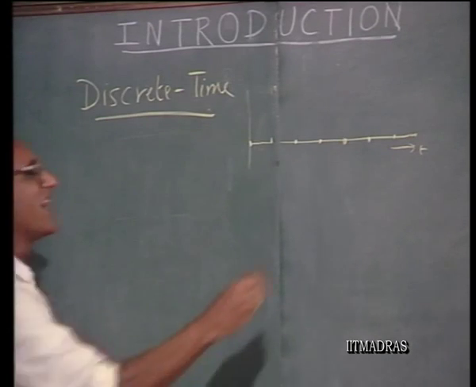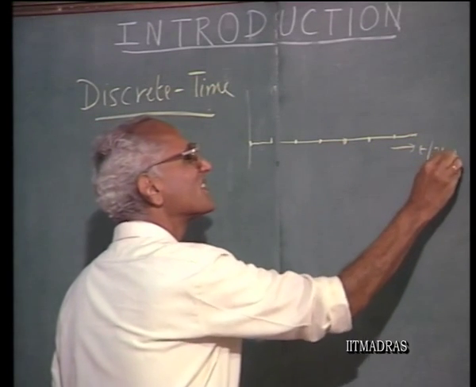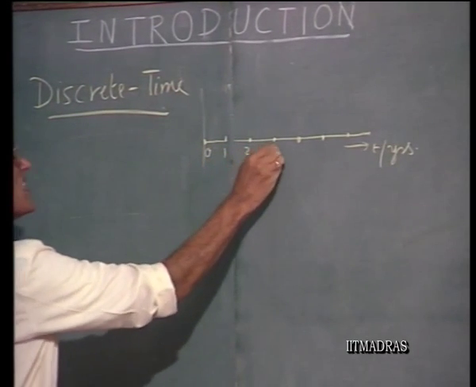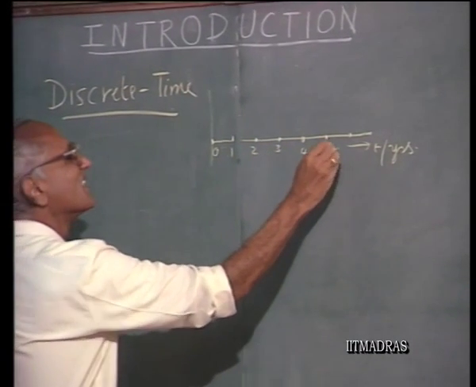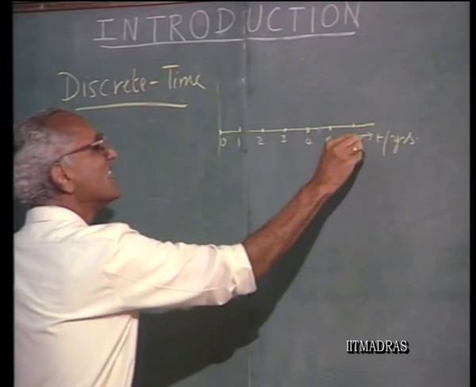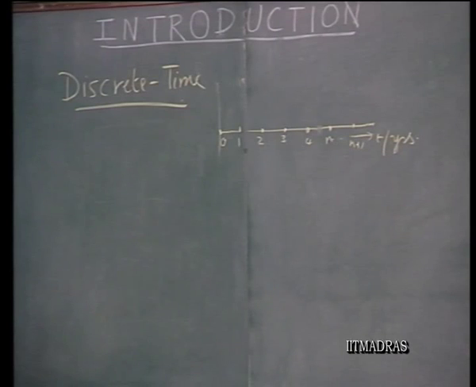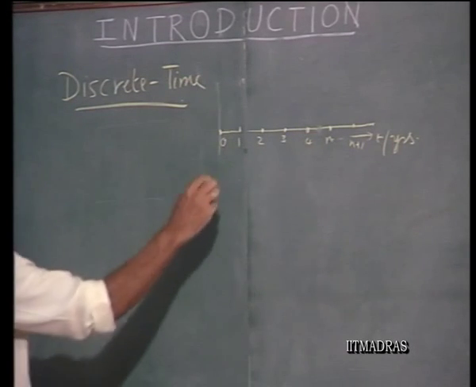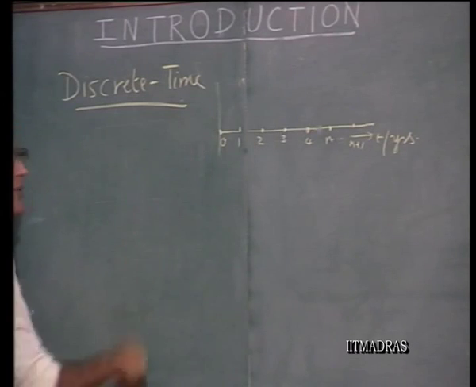For example, I may take this t in years, in which case I graduate this 1, 2, 3, 4, etc. Say this is n, n plus 1, etc. I will have an equation which describes the operation of the system at particular points on the time axis. We don't care what happens in between 2 and 3. So that is called a discrete time system.